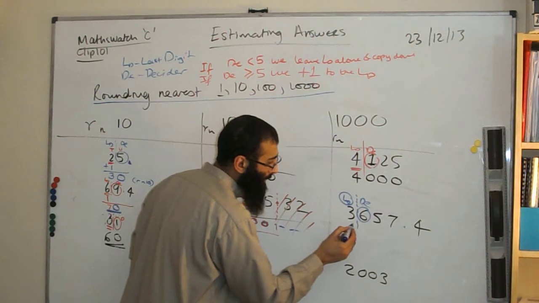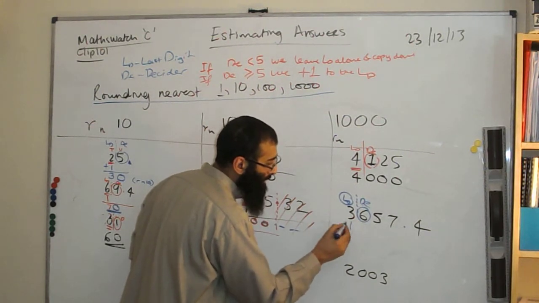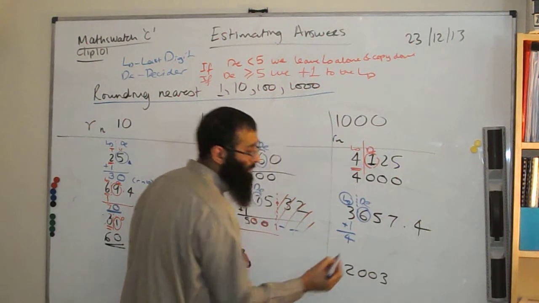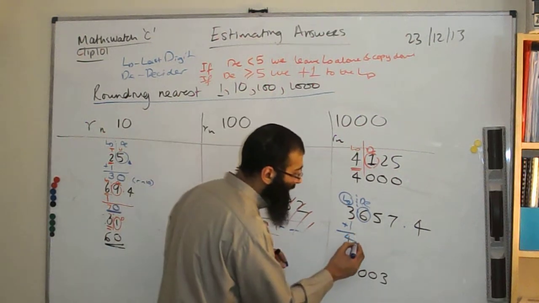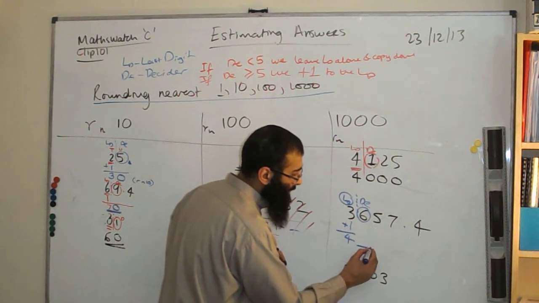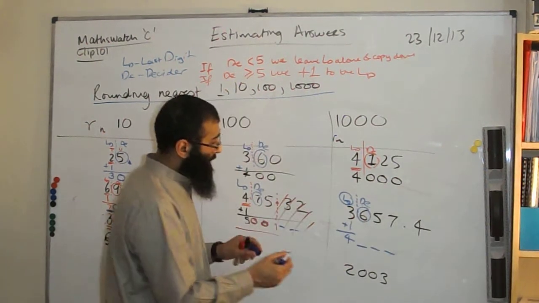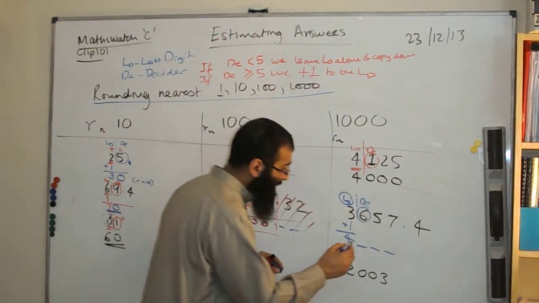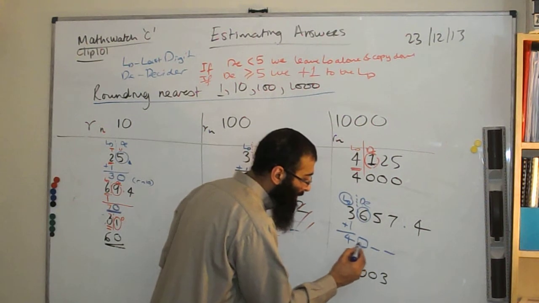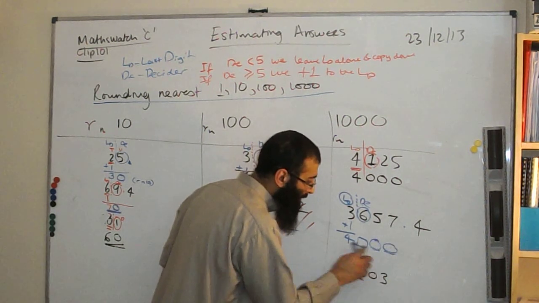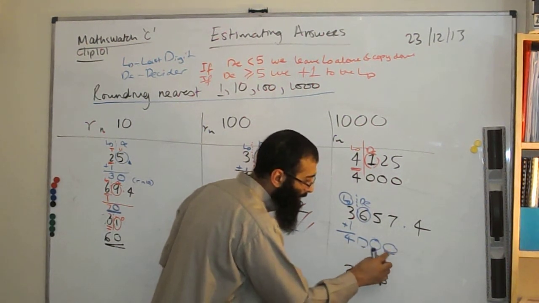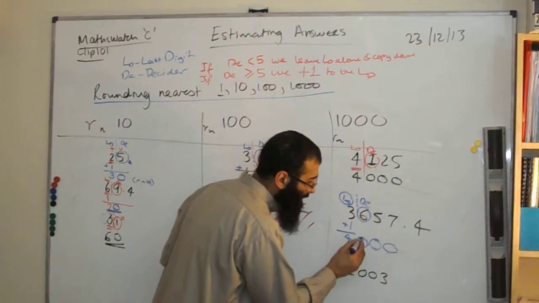So we're going to add 1 to this. 3 add 1 is 4. And now we have how many gaps? 1, 2, 3, and we stop at the decimal point. We don't go further. So how many zeros do I fill in, Layla? 3. Okay, great.